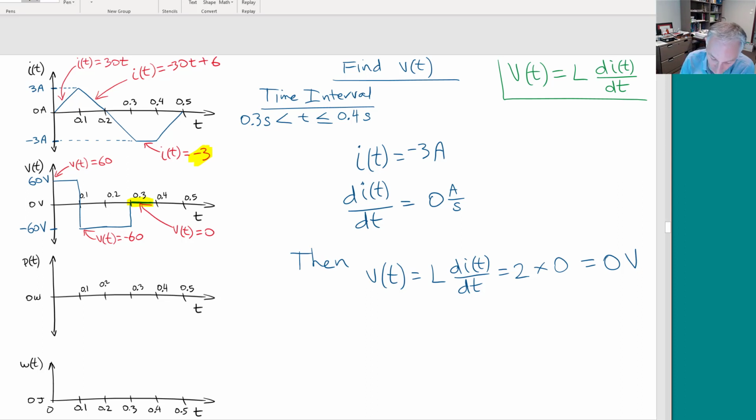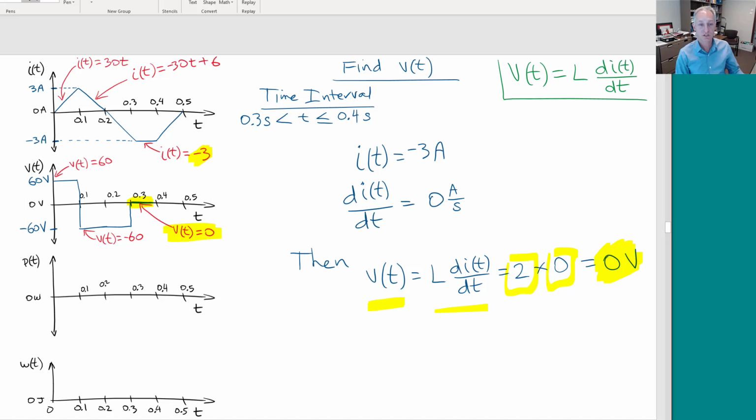So when we do our voltage, L di/dt, still 2 henries, but our di/dt is 0, so we get 0 volts. That's what we've labeled here, so the line is right on the horizontal axis.